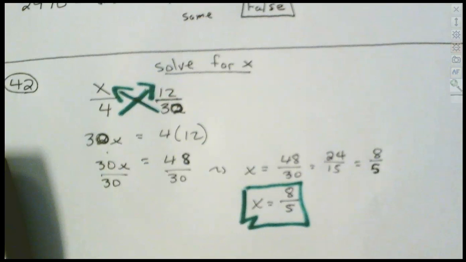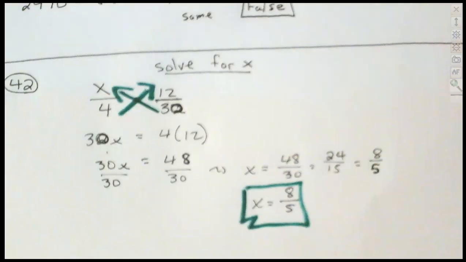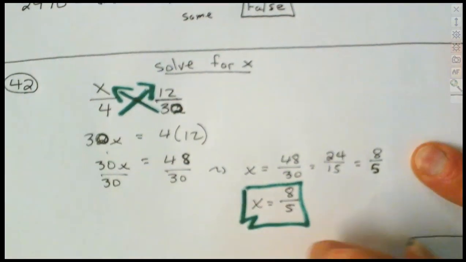And 24 also has a 3 in it. So let's divide them both by 3. And that left me then with 8/5. Okay, and 8/5 is not going to go any further, because 8 and 5 are both prime numbers. So that's how you would work out question 42.